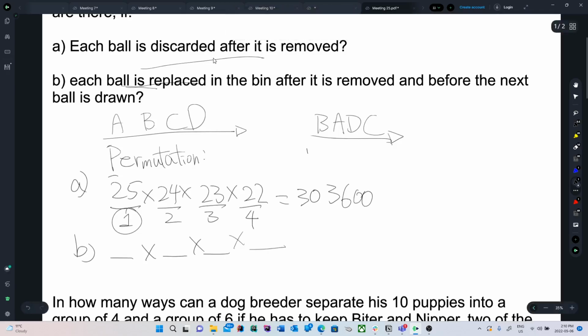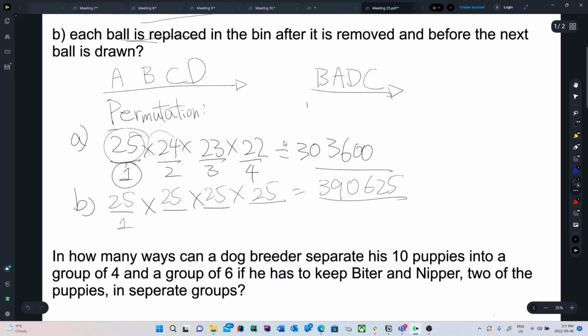For this question, we have 25 choices for the first draw, and after the first draw, we put the ball back in, which means that during our second draw, there are still 25 choices. The same thing occurs for our third and fourth draw, making this 25 to the power of 4 as our final answer, which is 390,625. So these are our answers for this first question.